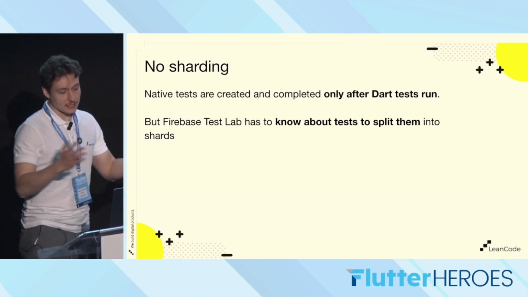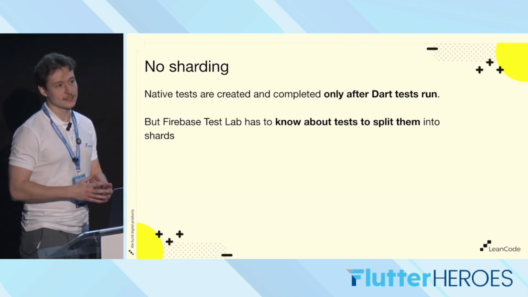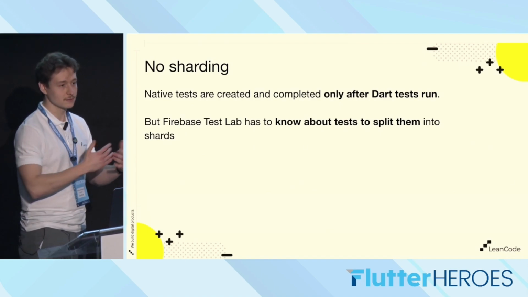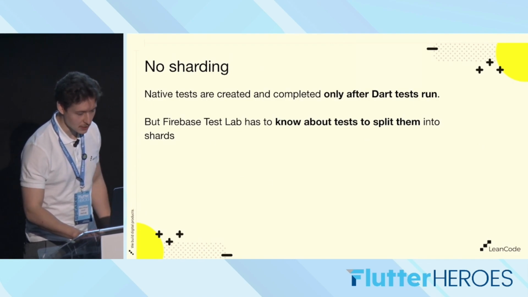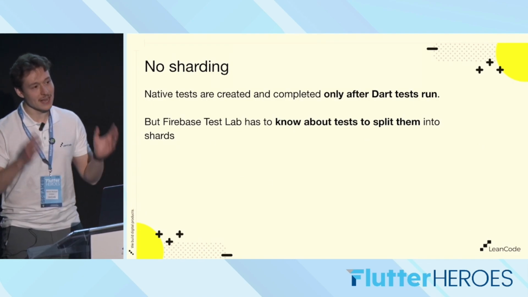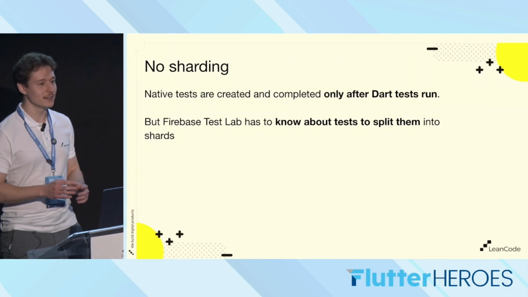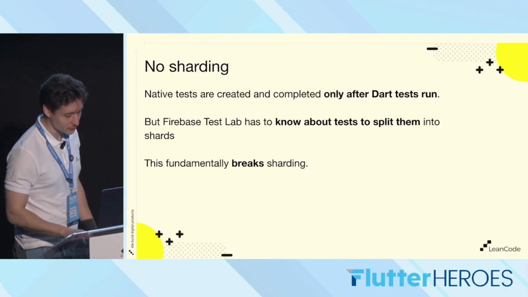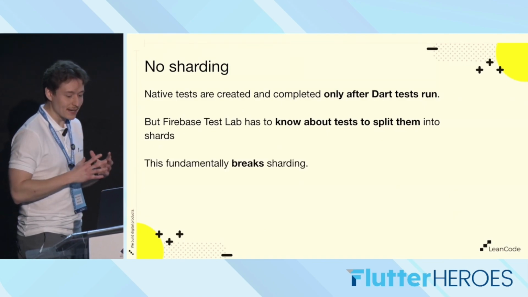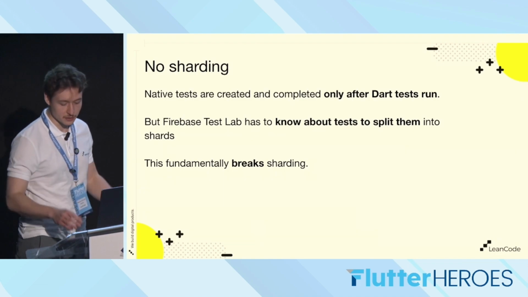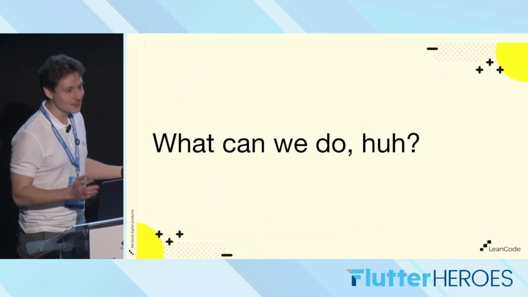So the farm, in this case Firebase Test Lab, has to know about tests beforehand so that it can split them into shards. But if the tests are created and completed after they are run, then it's too late because they are already run, right? So it's by design not compatible with sharding. Okay, so what can we do?